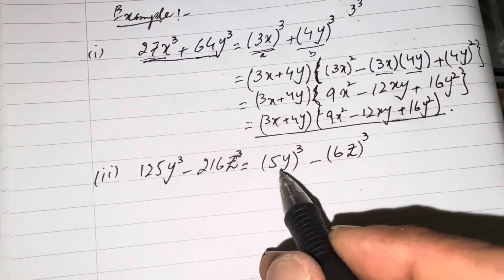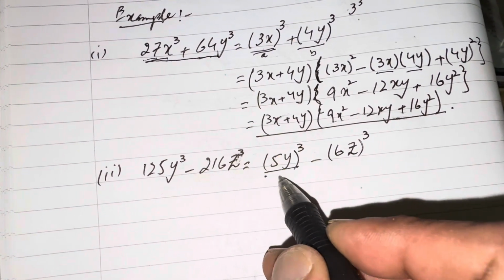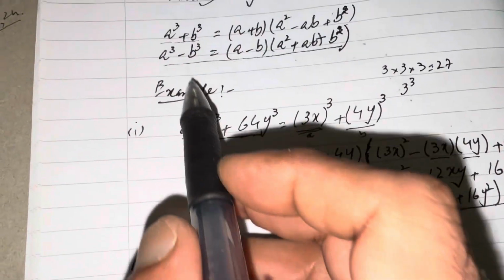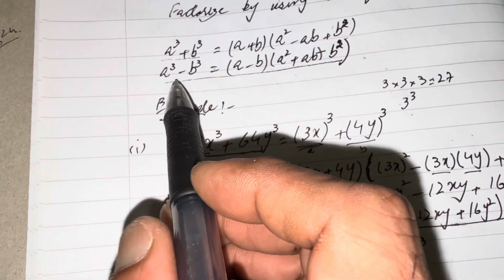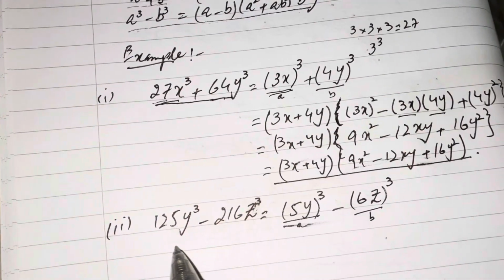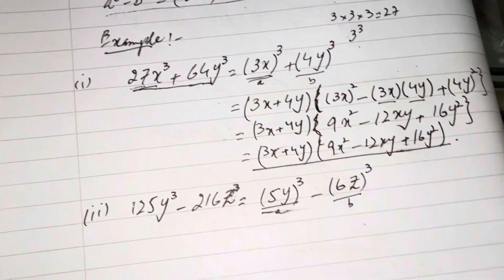Now you can say that this term is like a, this term is like b, if we are using this kind of formula to factorize this.